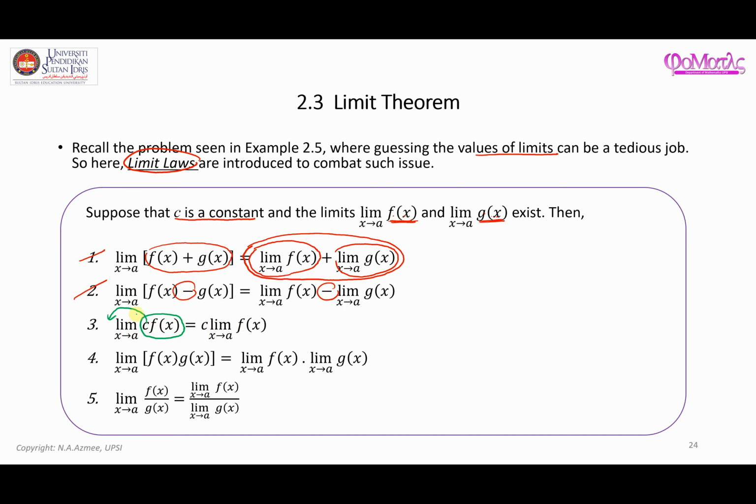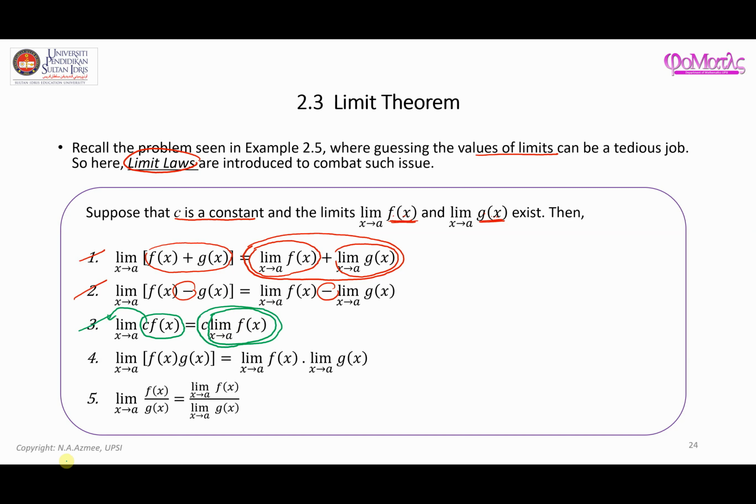So c is going to be put aside, and you start by evaluating the limiting value of f(x) when x approaches a. Once you get the result, you multiply that with the constant c.